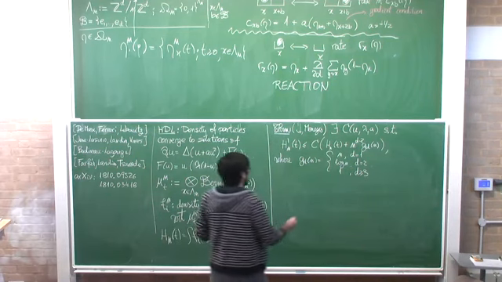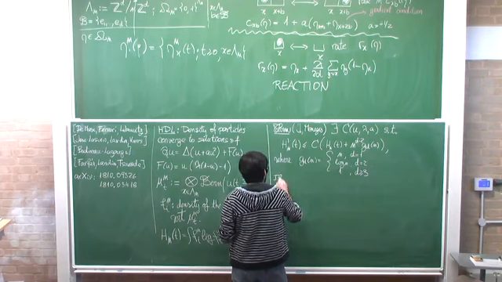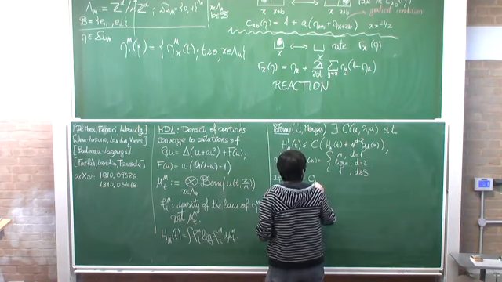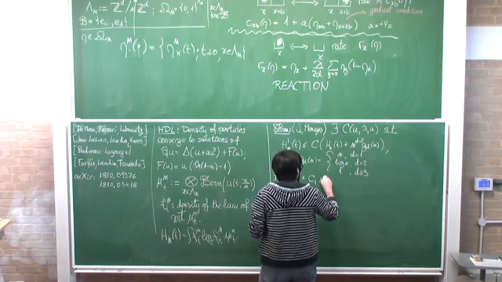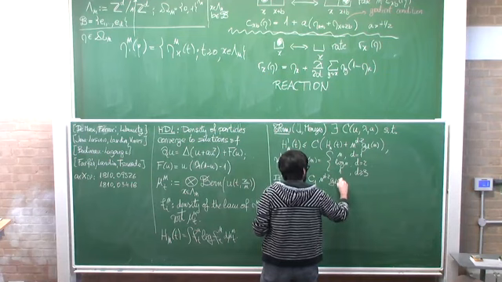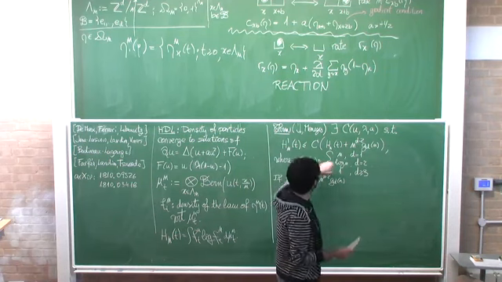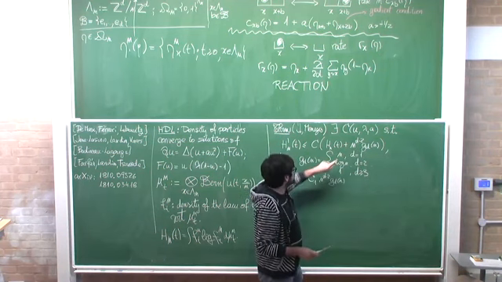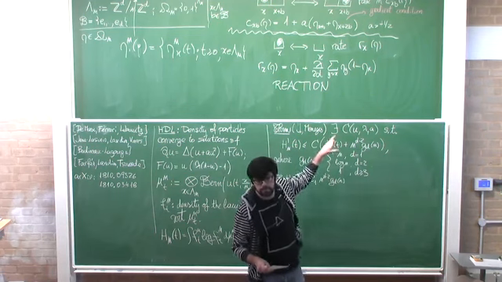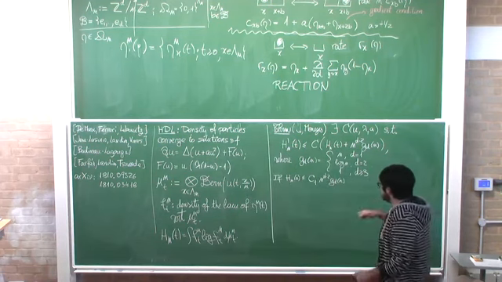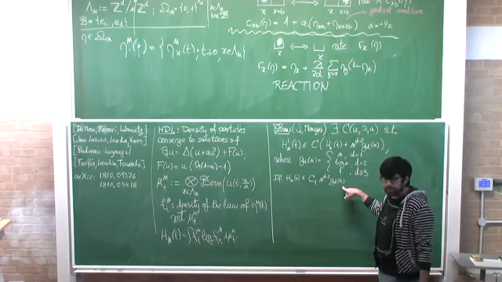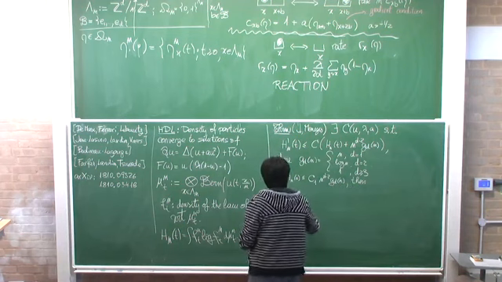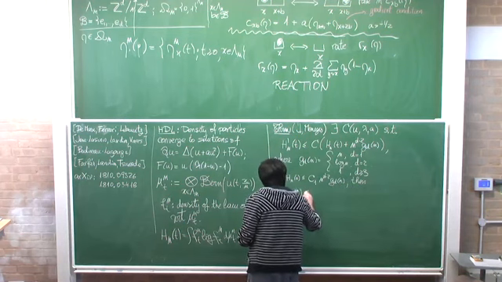Because if h_n(0) is less or equal to another constant times this factor, n^(d-2) g_d(n), so let's see, this factor in dimension d equals 1 is equal to 1, in dimension 2 is log n, and in dimension 3 is n^(d-2). So if initially the entropy is smaller than this, then you have a bound like this.